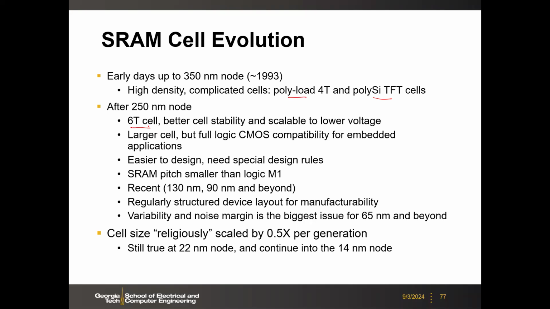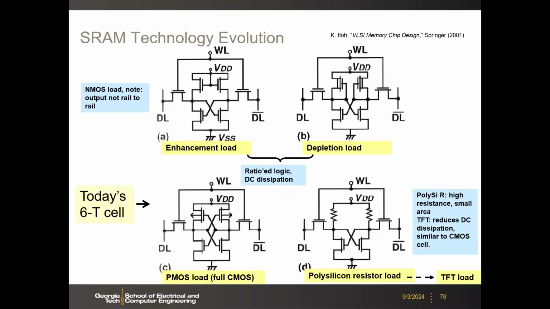over the technology nodes. So this is what I mean. The cell does not have 6 transistors. So for example, here you can have 2 polysilicon resistors as the load. It's like you have a resistor load instead of PMOS.